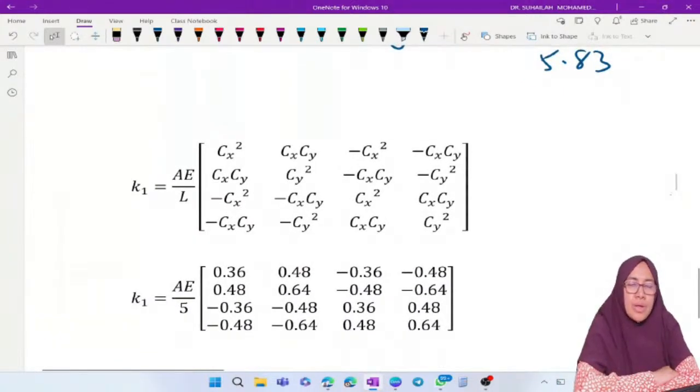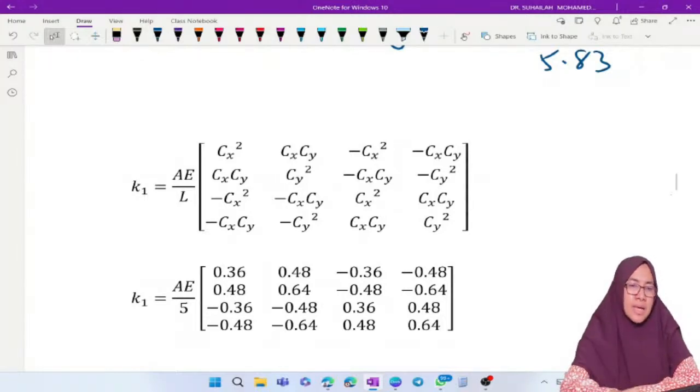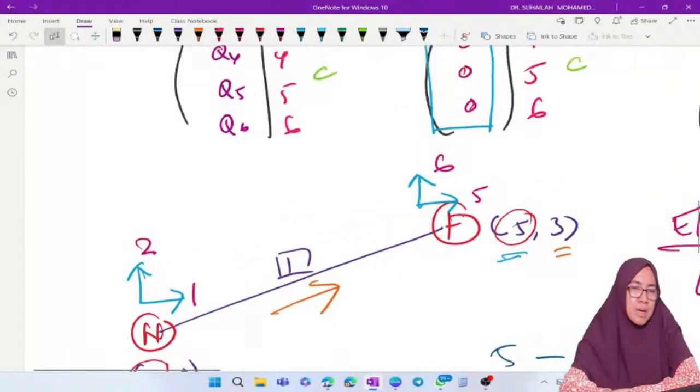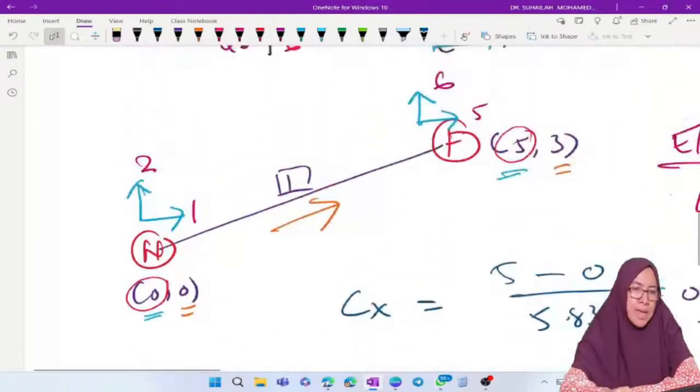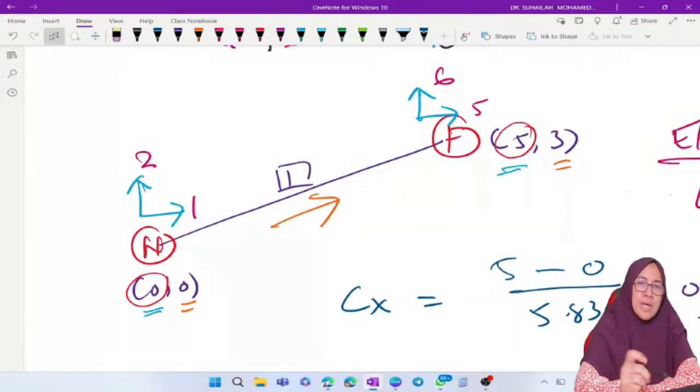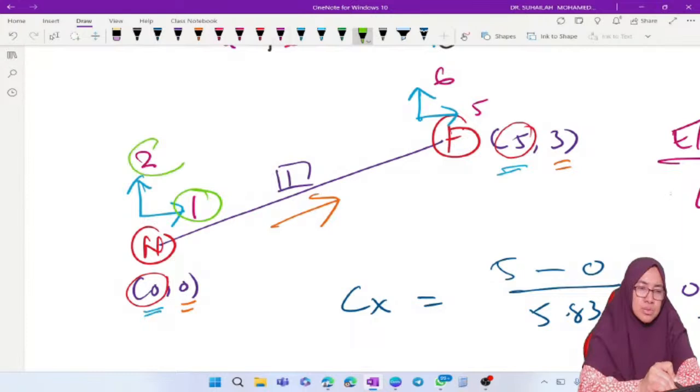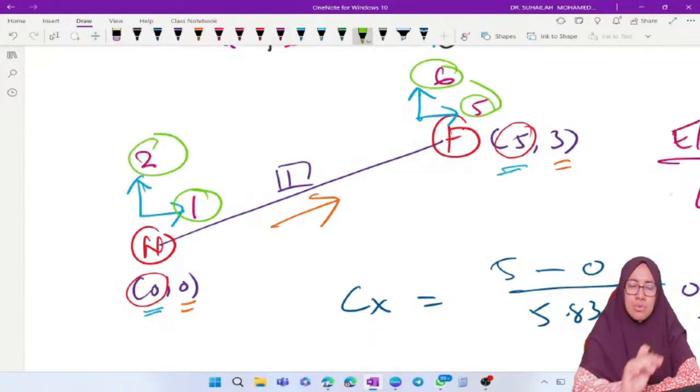Okay, we will calculate K1 now. The formula is AE over L, then we calculate with Cx, Cy just like in the bracket. The labels will follow this: 1, 2, 5, 6.